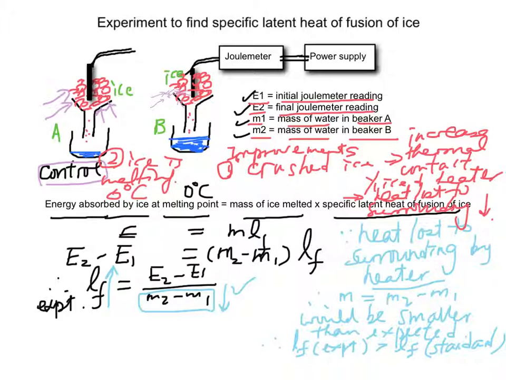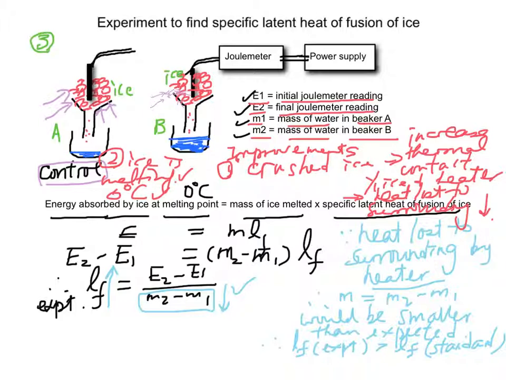When the ice is melting, we make sure that the ice is at 0 degrees Celsius. Therefore, the energy released by the heater is used only to change the state of the ice, not its temperature.